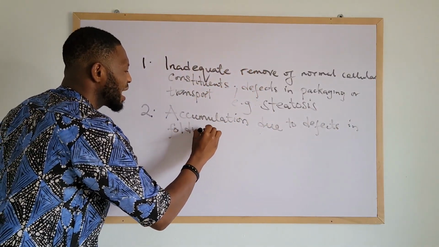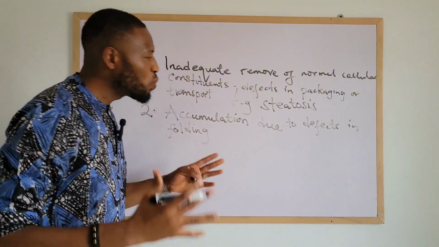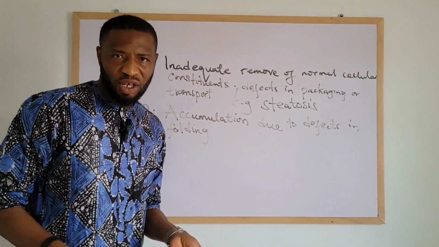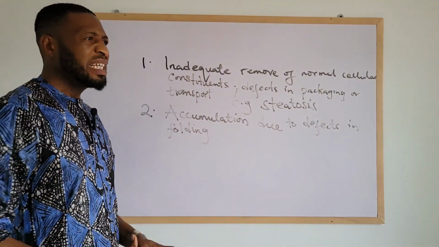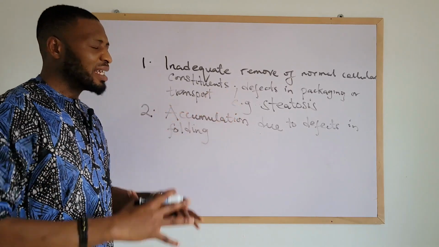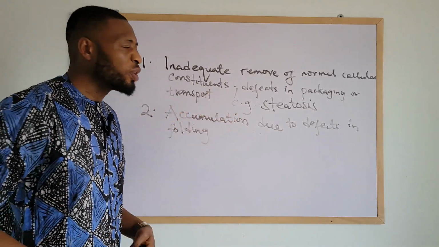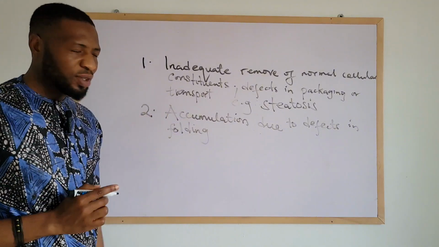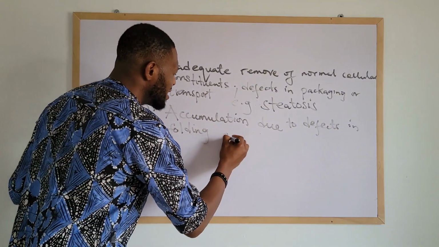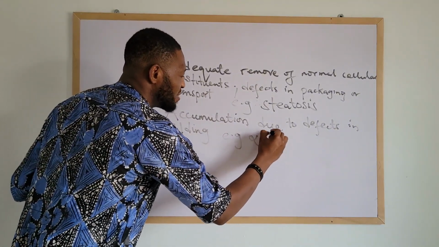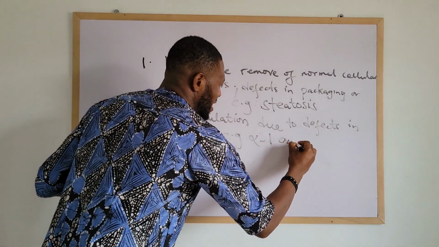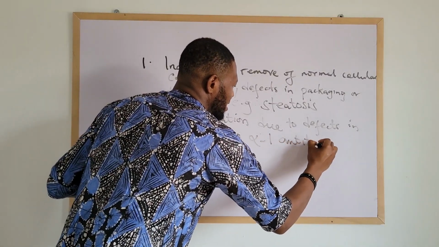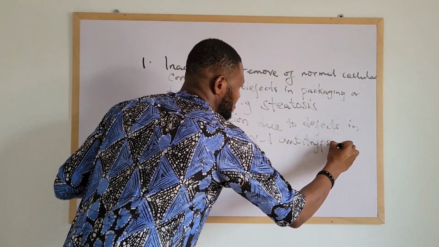So these proteins are misfolded, and that's why they cannot be excreted. Because they are misfolded, they accumulate in the cell, and their misfolding makes it difficult for them to be excreted. Okay, that is the second reason. And an example is seen in alpha-1 antitrypsin deficiency.